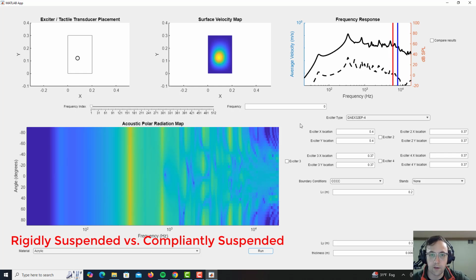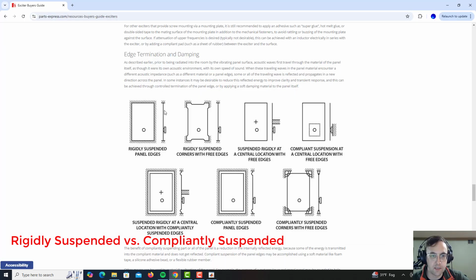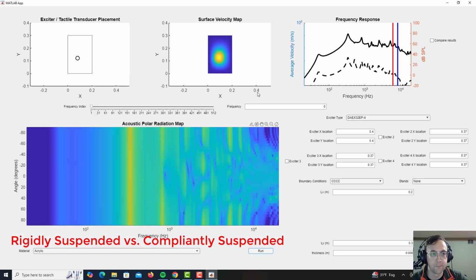There we go. Okay. Rigidly suspended panel edges, again, that's this. That would be where the edges of your panel are glued down so that they can't move and they can't bend, technically. But they can have curvature, second derivative, if that means anything to you.